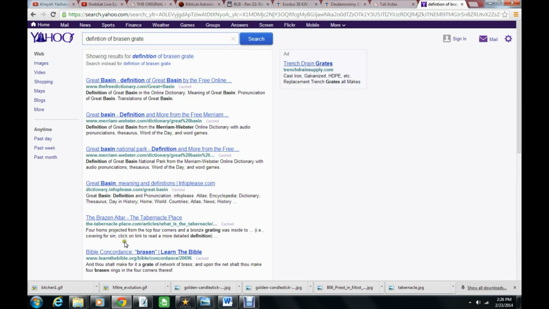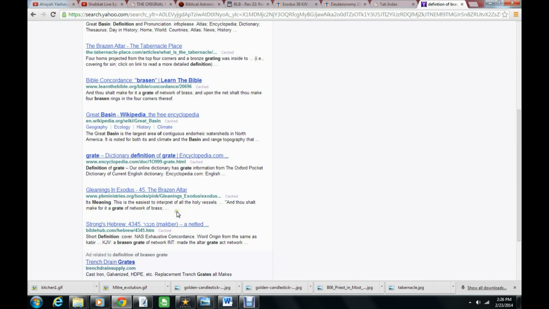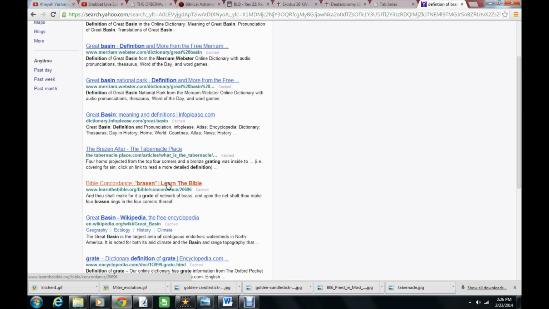So 4 horns projected from the top, 4 corners, and bronze grating was inside. Hold on, let's see something.